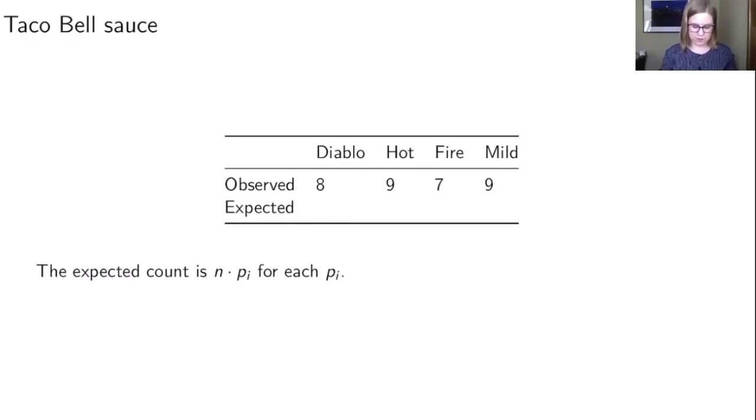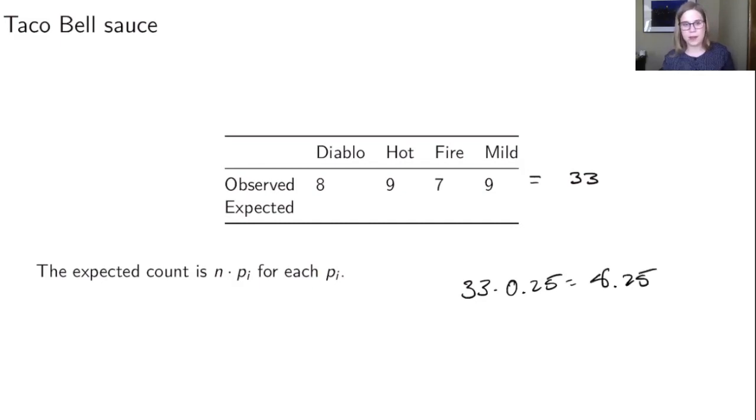So let's think about this with the Taco Bell sauce example. I have my observed data here. I had 8, 9, 7, 9. And then I could think about how many sauces there were total. So I could do 8 plus 9 plus 7 plus 9, which is 33. So if I was trying to figure out how many I would expect in each of those categories, if the null was true, I could do 33 times 0.25, which is 8.25.